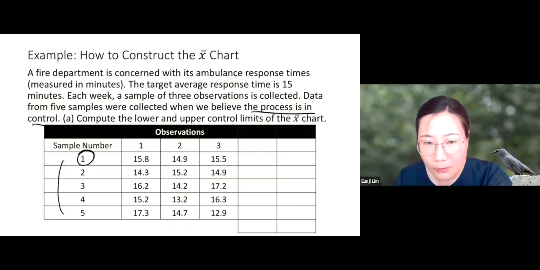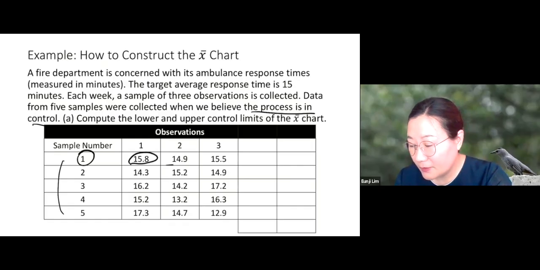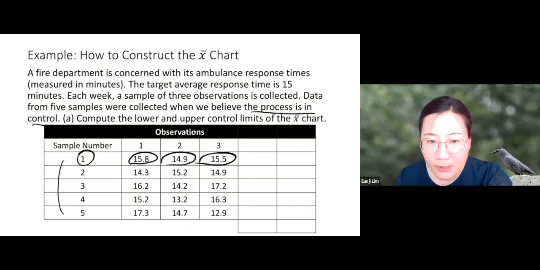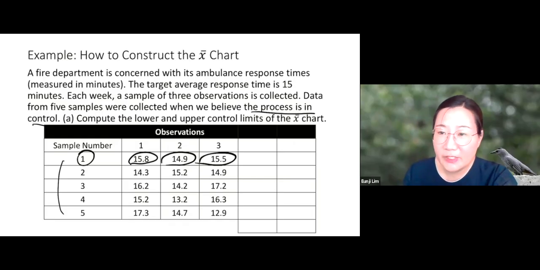So this is sample number 1. This is the first week, and we took 3 observations. Does that mean that there were only 3 instances where people needed ambulance in the first week? No, there were more than 3 instances, but you just observed 3 of them.